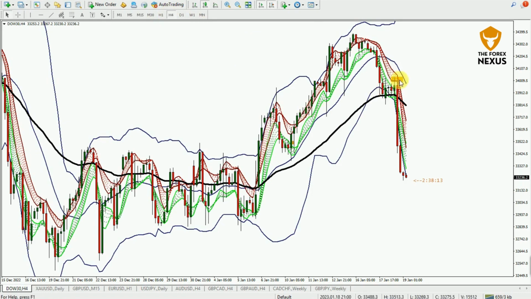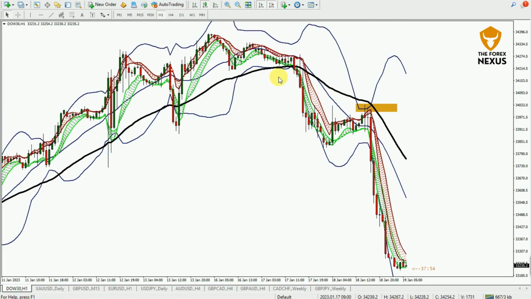On H4 we got a re-entry at MA5/10 high because the market didn't give a re-entry after candlestick direction, so here it was a re-entry. On H1 time frame extreme, so on the second time frame we got confirmation.